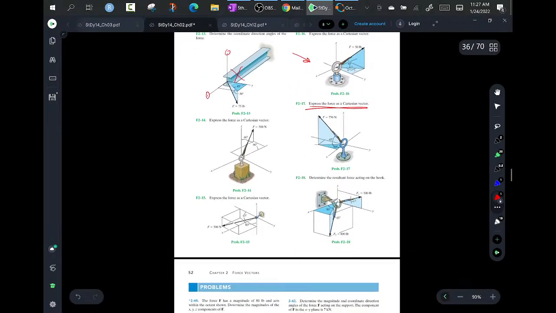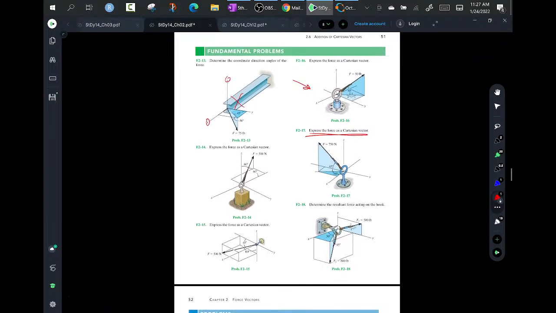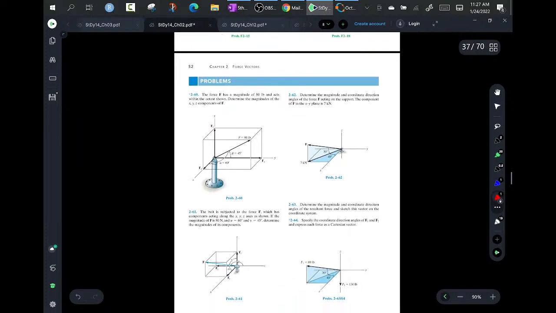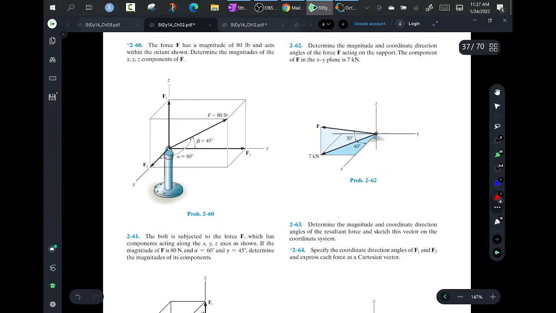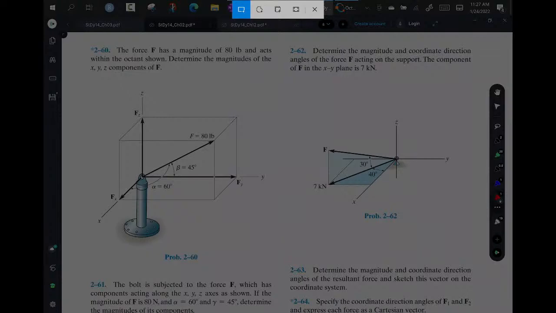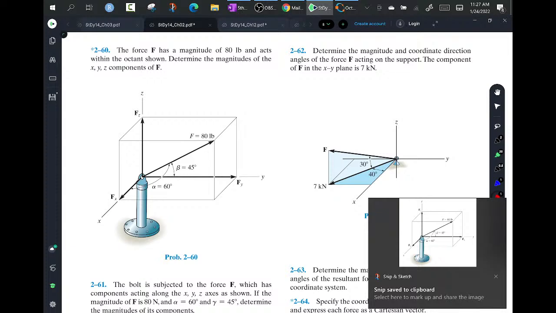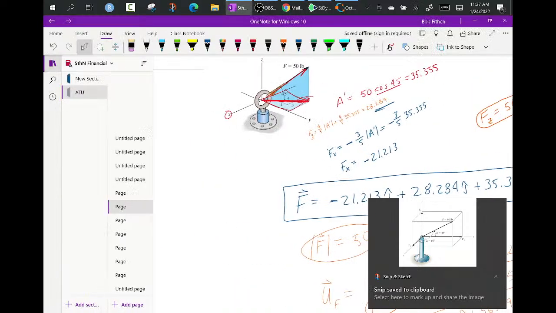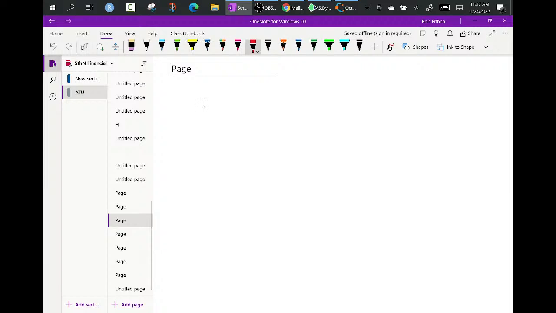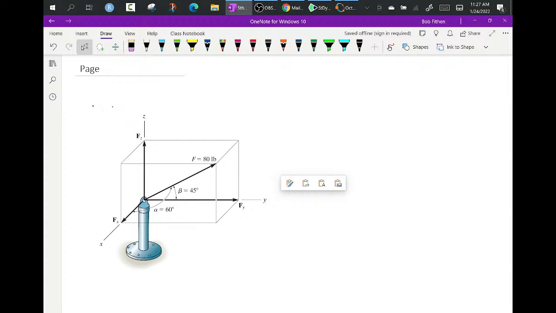So past that, there isn't anything else. Let's see. Let me find some. Okay, those were the fundamental problems. Let me go see if I can find. Okay, here's a typical case that I was talking about. Let's find that. He says, so he wants to know the vector.